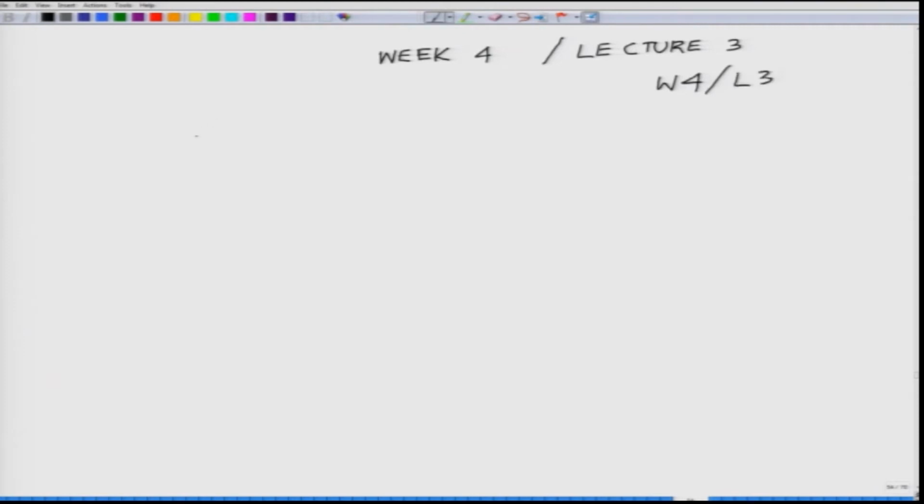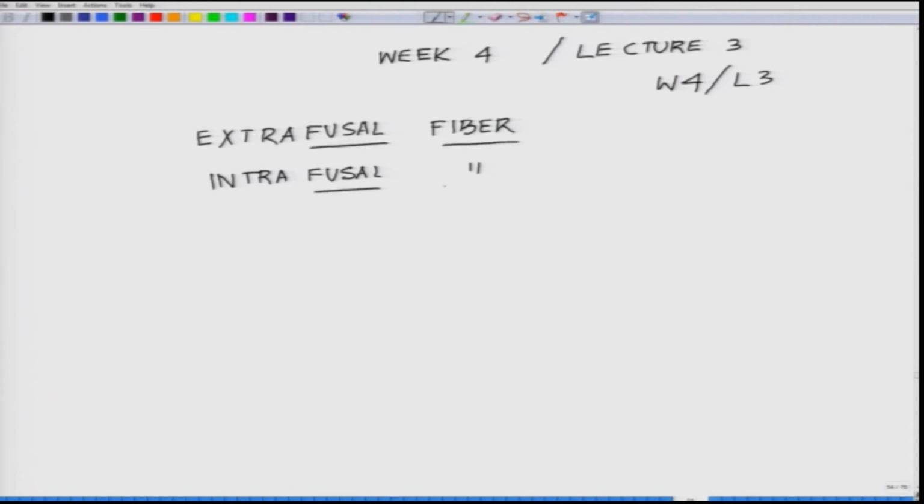Keep these two words in mind, extrafusal fiber and intrafusal fiber. Whatever I underline is the common thing, and the rest is these two different aspects, extra and intra.